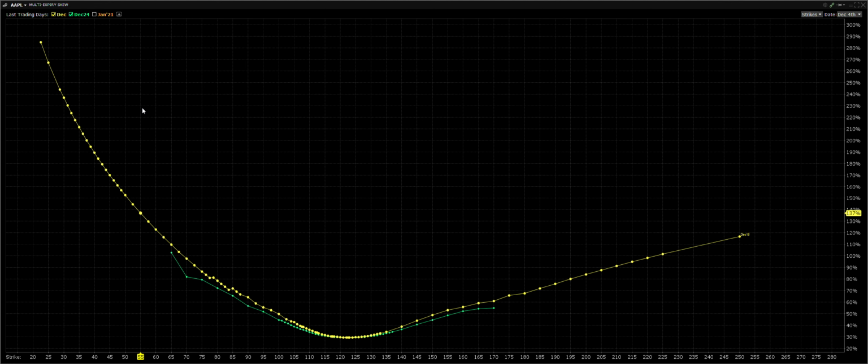So if you can sell a higher implied volatility at a strike price, and then buy a lower volatility at a different expiration, that gives you a little mathematical edge.